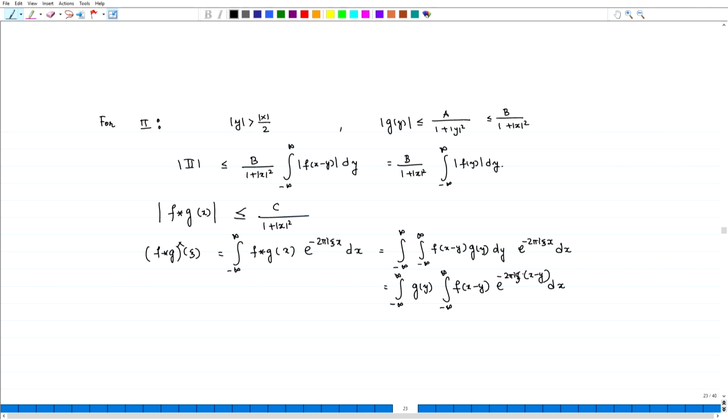Now, the extra factor I am writing is e^(2πiξy), so I need to cancel that, and then this is dy.